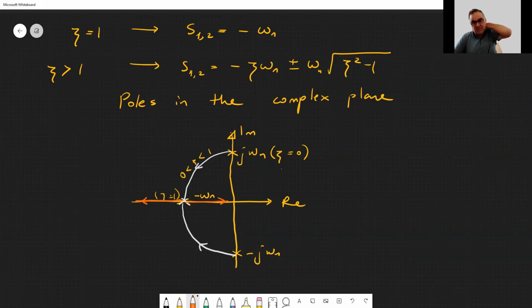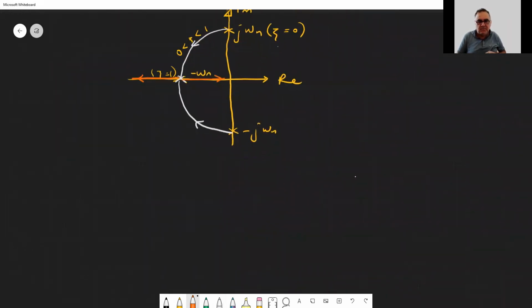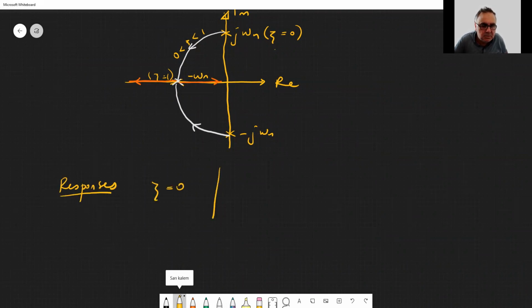Obviously, the responses will look like this. Let me just verify. If you have zeta equals 0, the time response will look purely oscillatory.